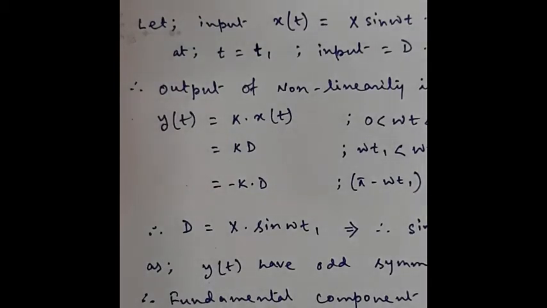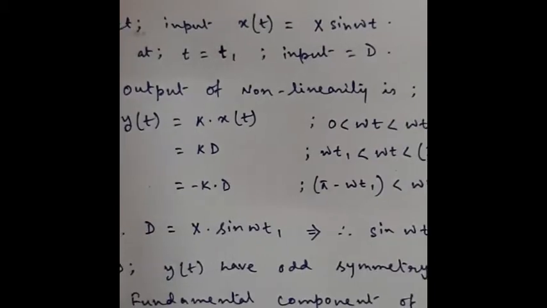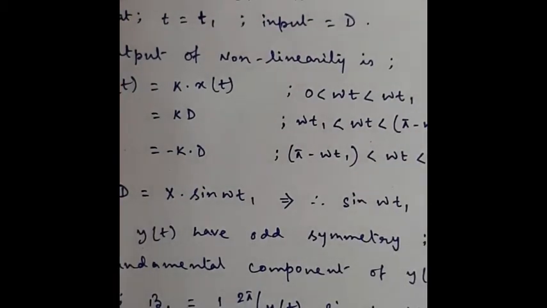So for the derivation part, we assume that the input function x(t) is equal to X sin omega t, and we assume that at time t1 the input becomes d, which we can see in the diagram. For that case, the output of the nonlinearity will be y(t) equal to k into x(t) when the limit is from 0 to omega t1.